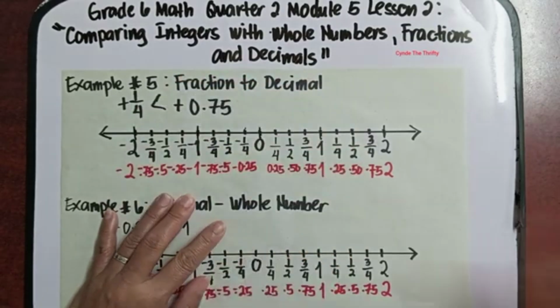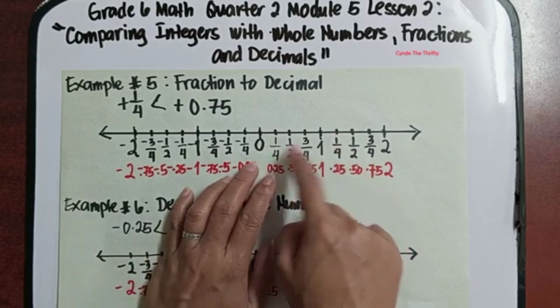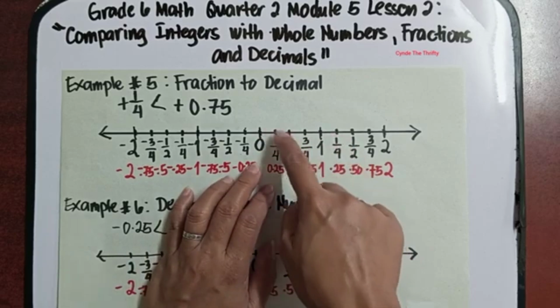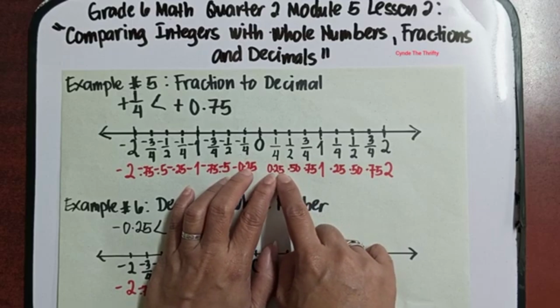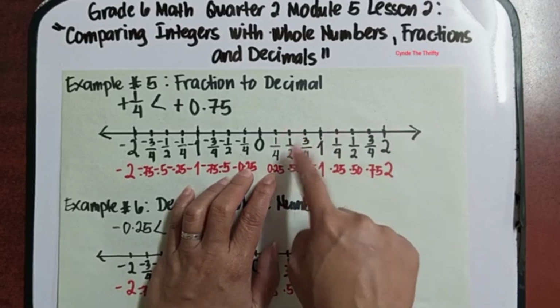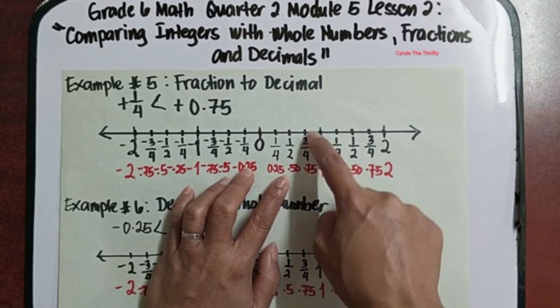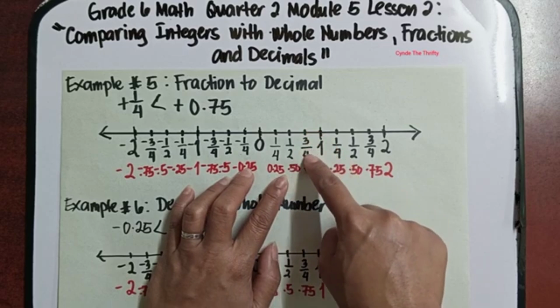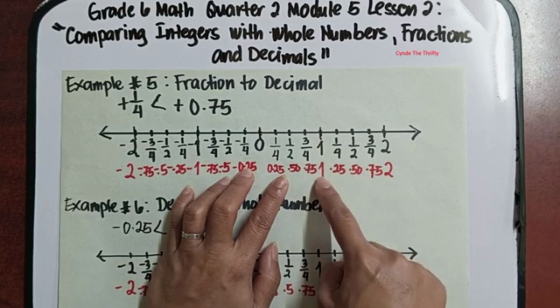Looking at 0 here in the middle, for the fraction, our first line is 1/4, and for the decimal it is 0.25. We are on the positive side. Then the second line is 1/2, and in decimal it is 0.50. Then the fraction 3/4, and that is 0.75. Then 1, they are both 1.